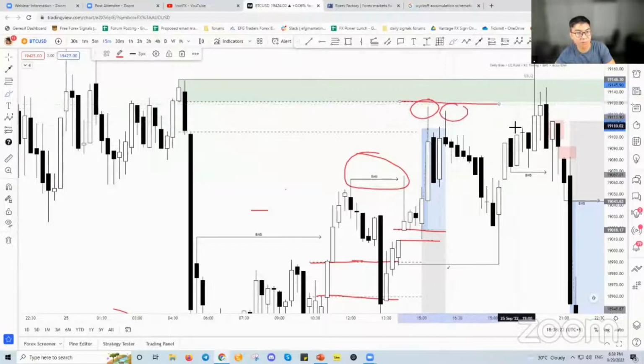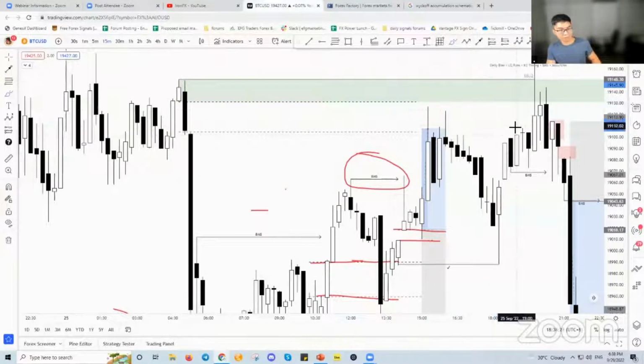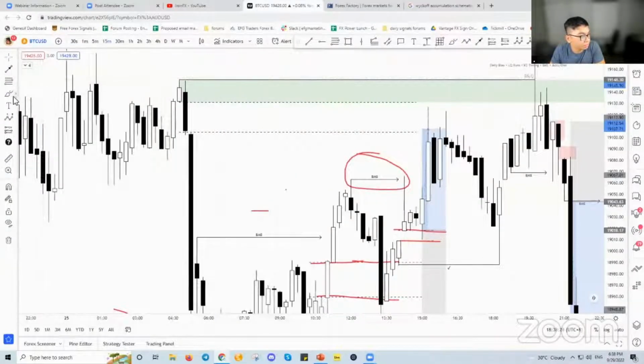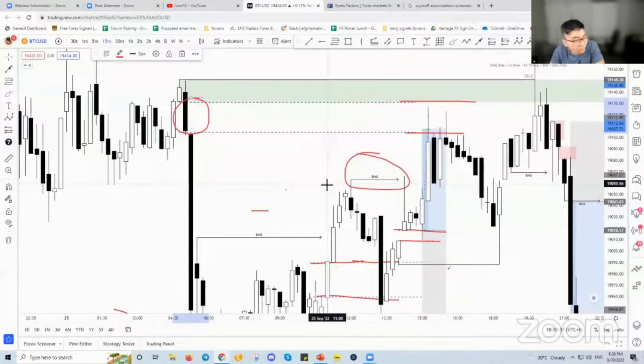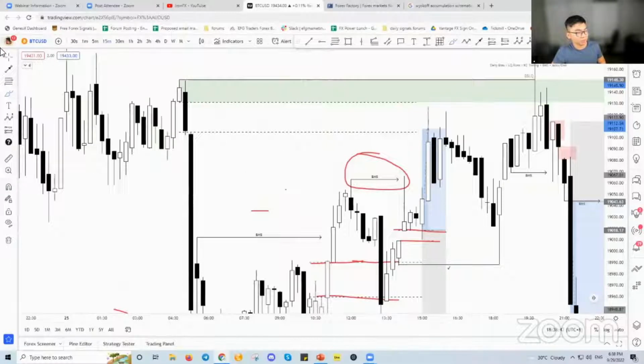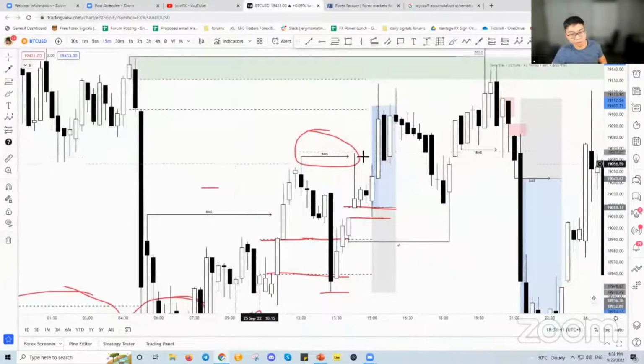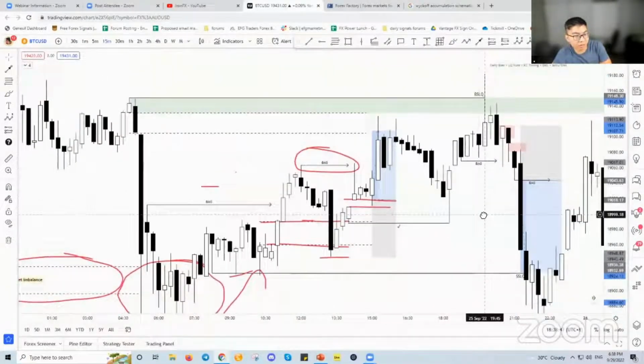If you use the market imbalance, price usually goes in and rejects the market imbalance. So you can actually implement the use of market imbalance into your trading style. Hopefully you guys will be in good profits, in the green, not so much in the red.